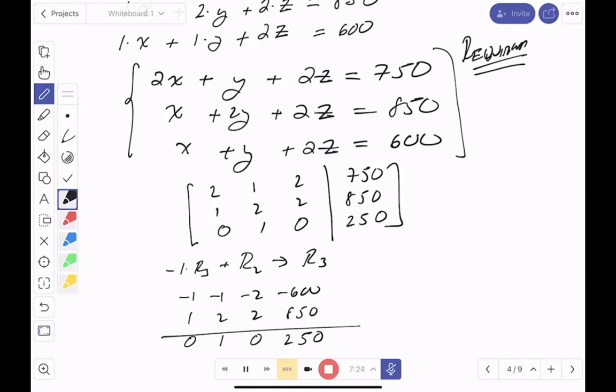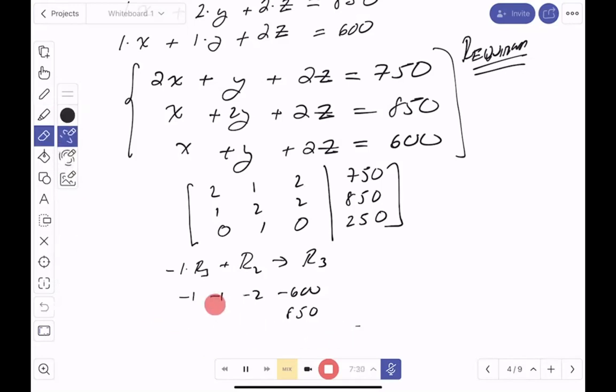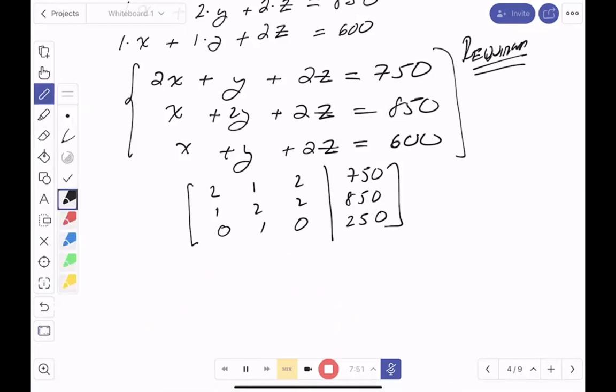All right. Now I'm going to do something else with the problem. Let me get my eraser out and see what else to do. I'm going to do minus 1 times row 1 plus row 2 and give it to row 2.